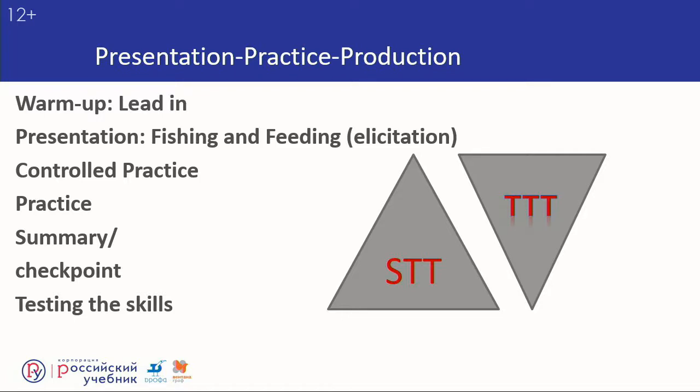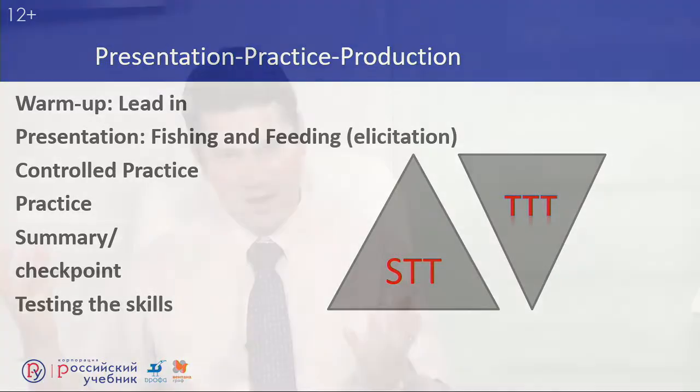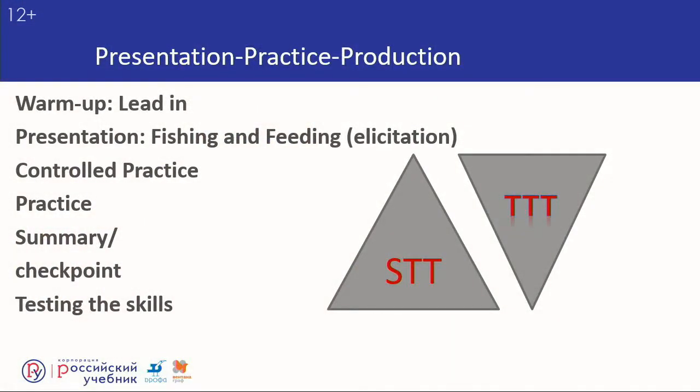That's why whatever skills and knowledge we acquire during the lesson, it's really important to use it in meaningful communication. After that, there is a summary, a checkpoint, celebration of learning outcomes, and largely this celebration happens through testing the target skills that you have developed during the lesson.